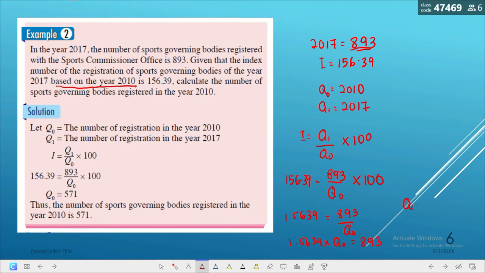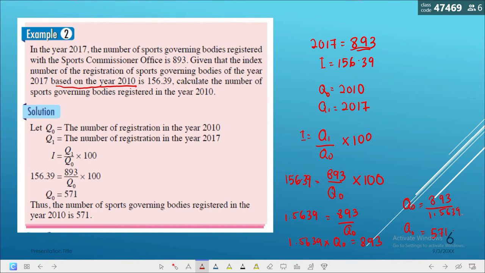So your Q0 is, multiply goes there and becomes divide, 893 divided by 1.5639. Let's check whether it's correct or not. So you get Q0 is 571.